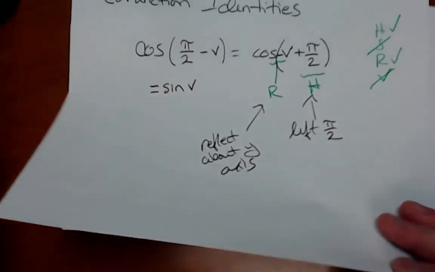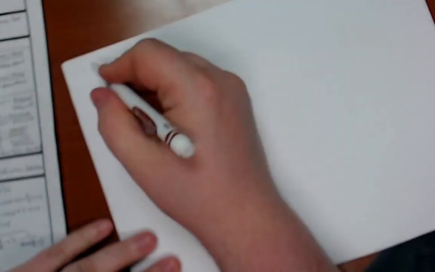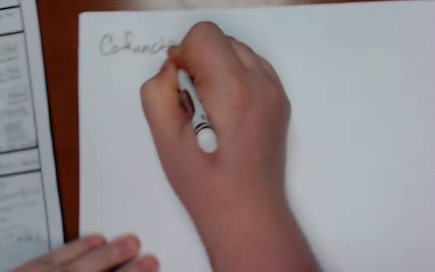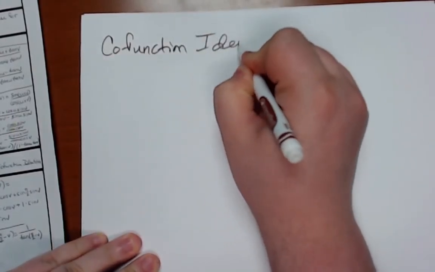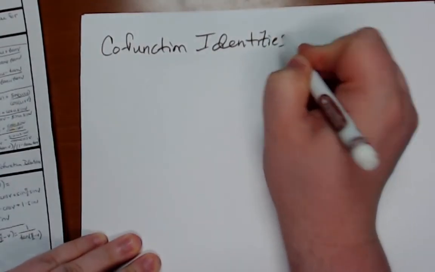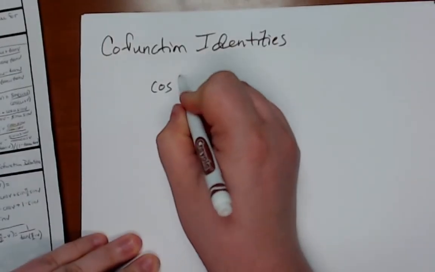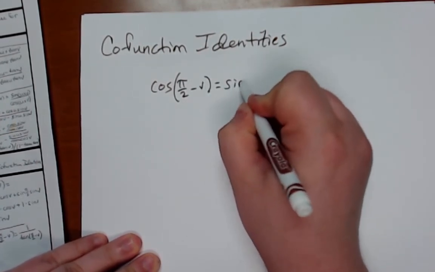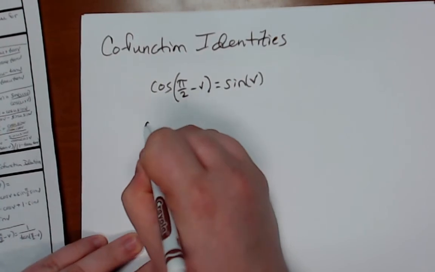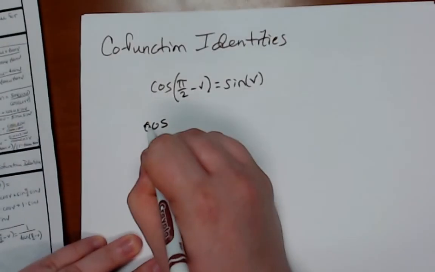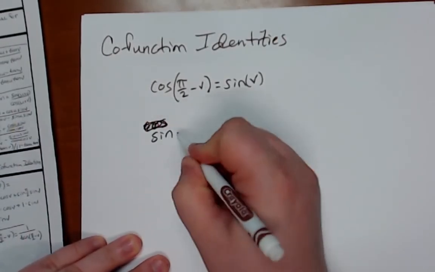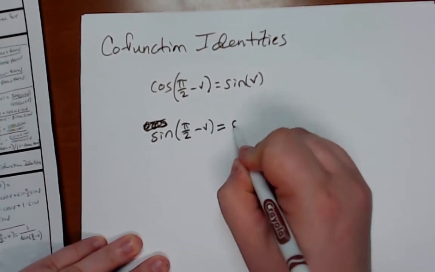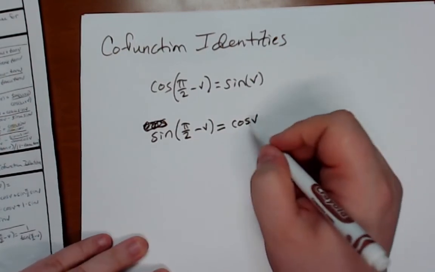So let me list all of our cofunction identities. So if I have cosine of pi over 2 minus v, that's the same as sine of v. The sine of pi over 2 minus v, that's cosine of v.